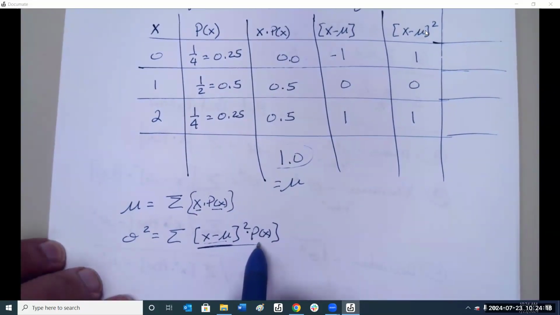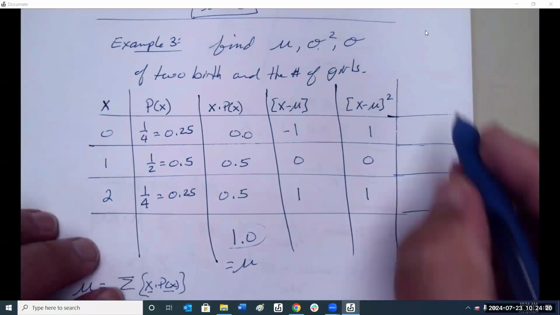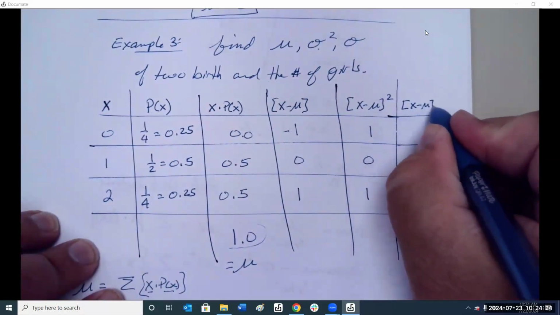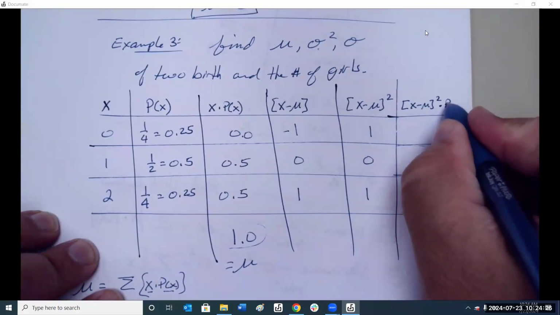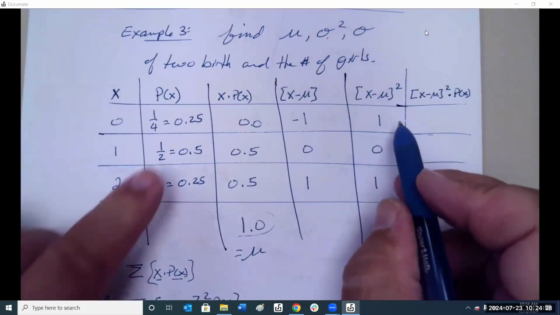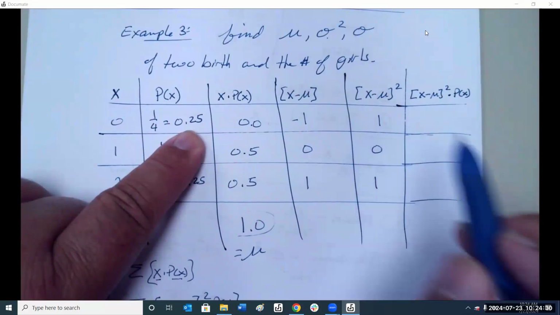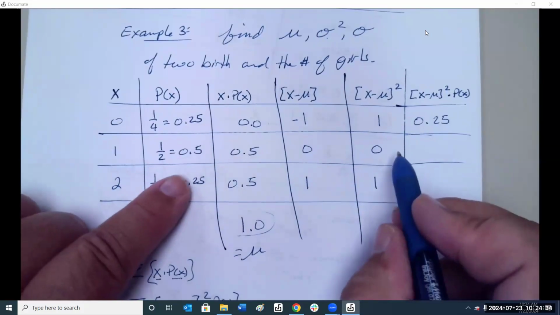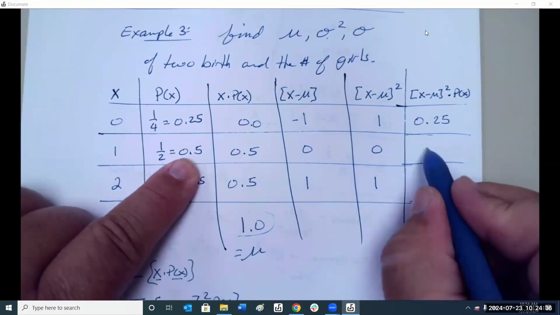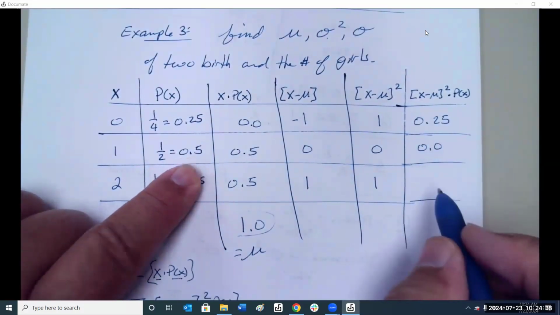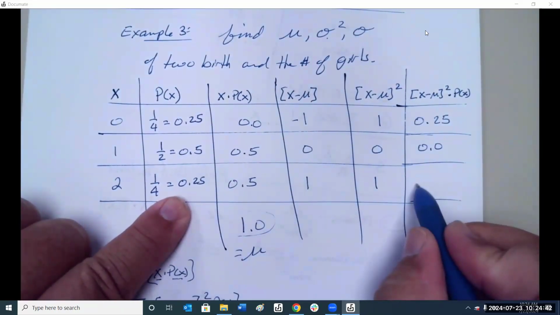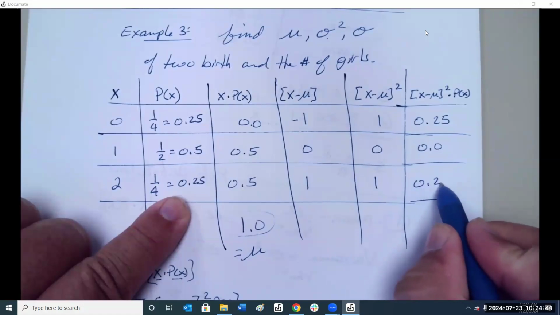Now we have to multiply each of those by the probability. So 0.25 times 1 is 0.25. 0.5 times 0 is 0.0. 0.25 times 1 is 0.25.